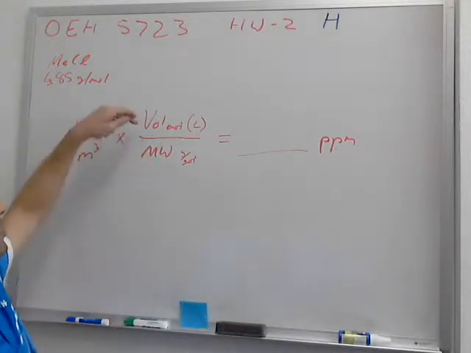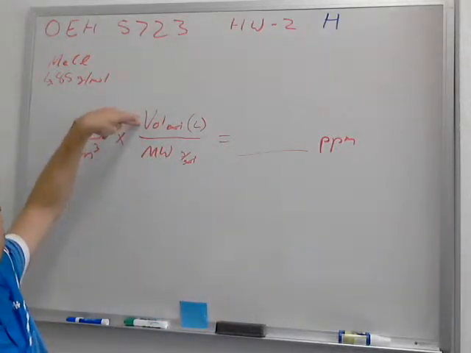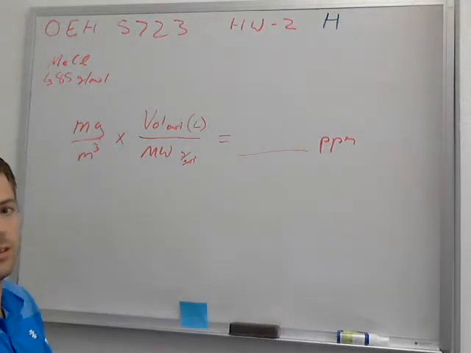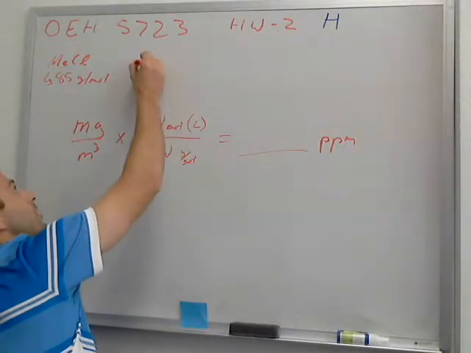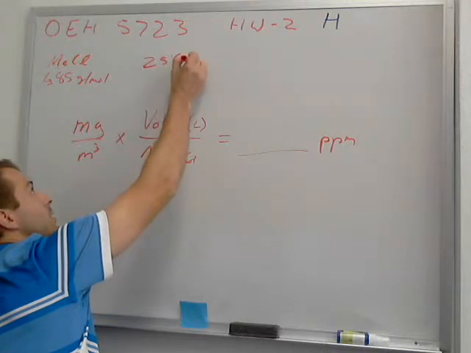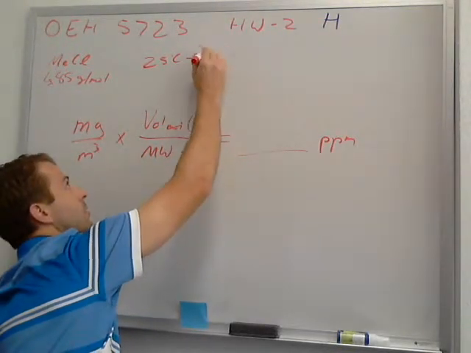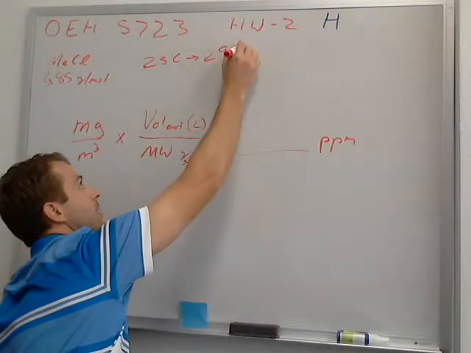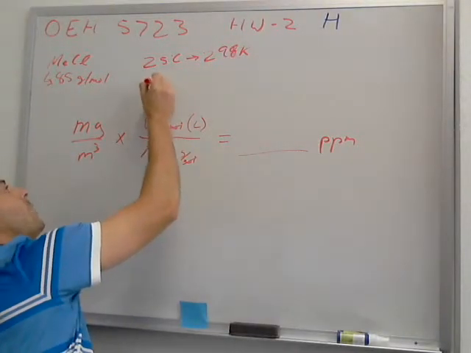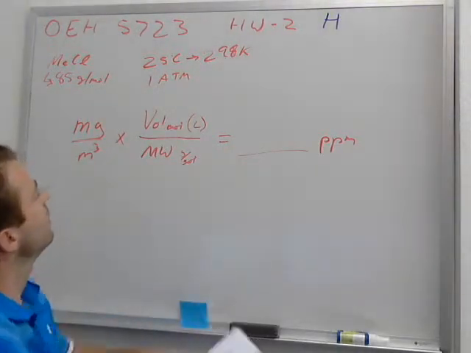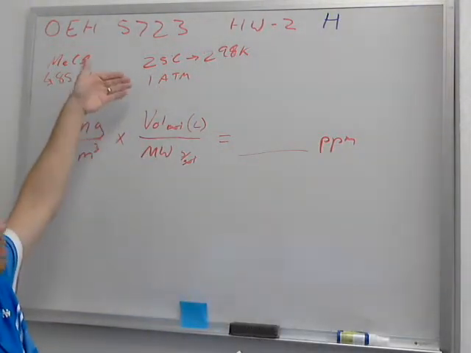But we need to know what is our molar volume. So at the given temperature and pressure of 25 C, which is 298 Kelvin, and 1 atmosphere, then we need to calculate what our molar volume is.